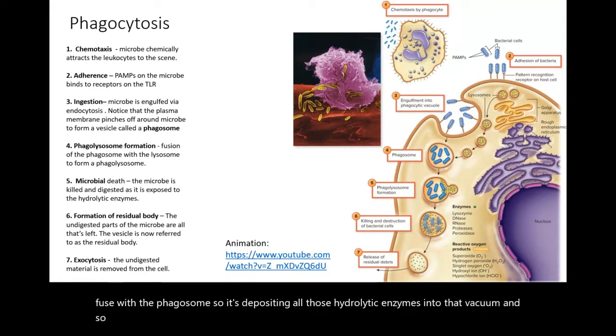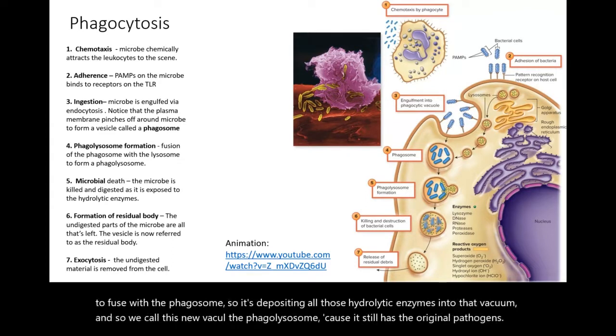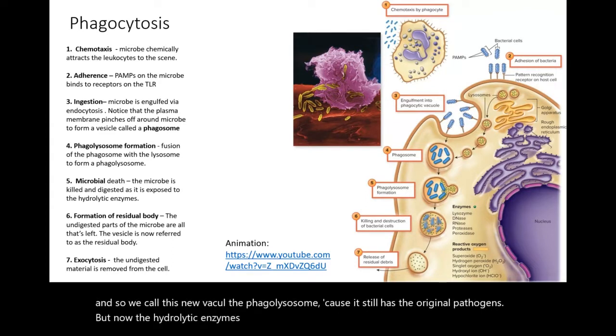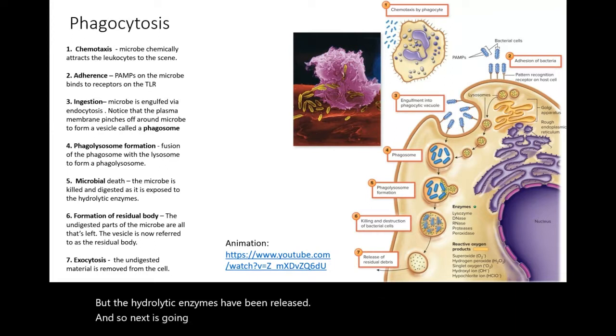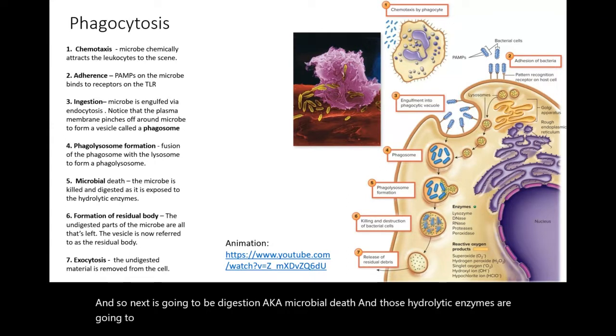And so we call this new vacuole the phagolysosome, because it still has the original pathogens, but now the hydrolytic enzymes have been released. And so next is going to be digestion, aka microbial death. And those hydrolytic enzymes are going to destroy the pathogen, okay, killing them.